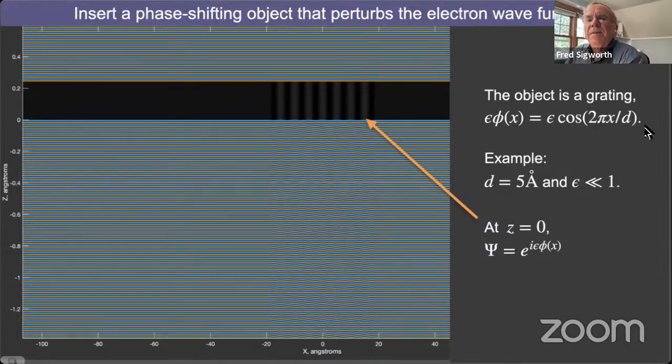It's a cosine function with a periodicity d, which is going to be 5 angstroms. And it's going to have a very small amplitude. So this is just a small perturbation of the phase. And so right after the object, the wave function is e to the i, and then this phase perturbation.